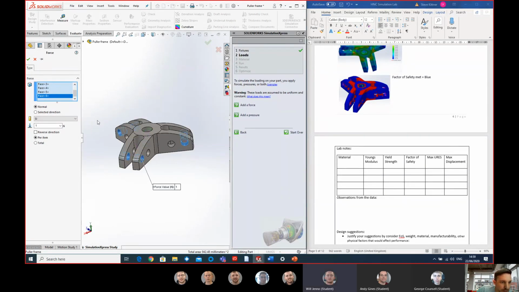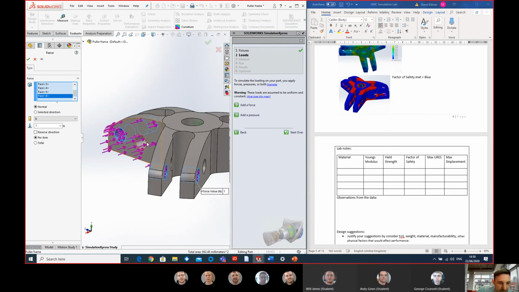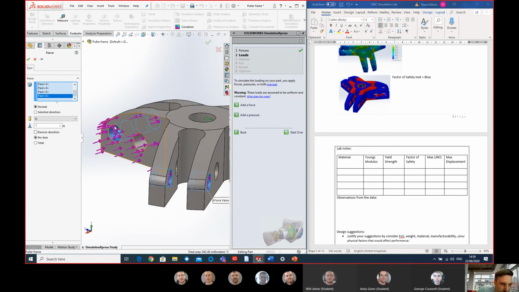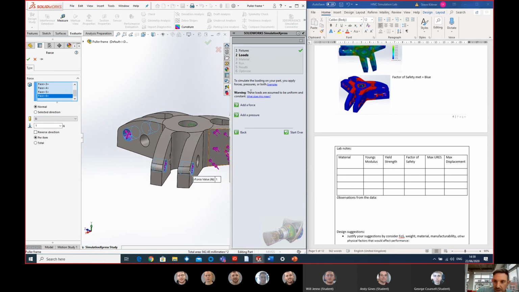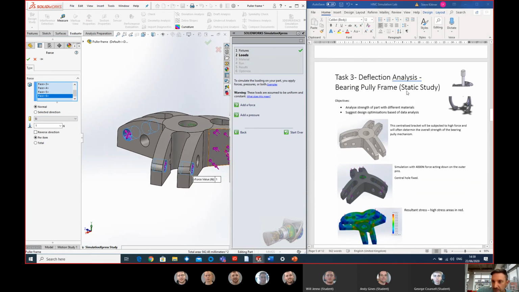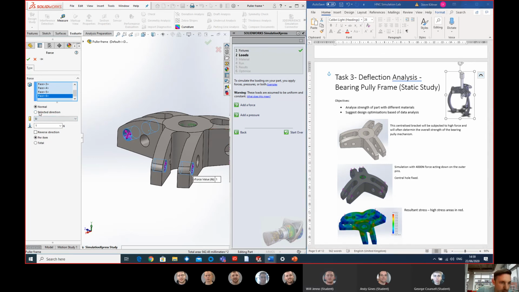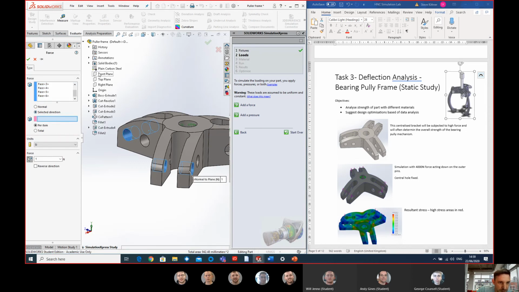Okay, and what we want this time is, can you see the force is circular within here? It's acting in all directions. What we're going to do is select the direction, because if you look at the pulley over here, this is going to be pushing up or down once this goes pushing in. So let's select a direction, and I'm going to use a plane.